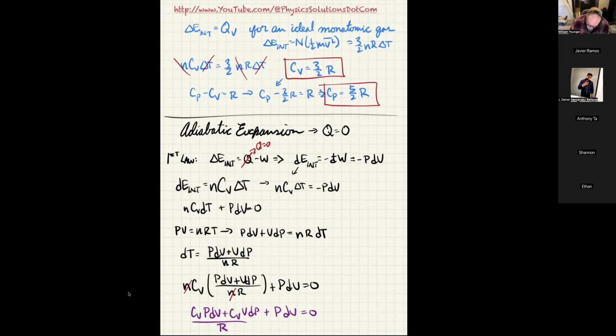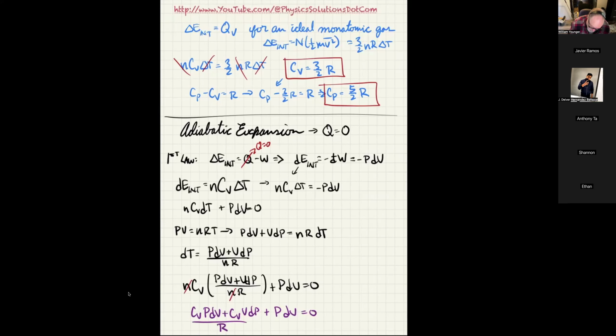So I can simplify a little farther. Let's copy this to the next page.